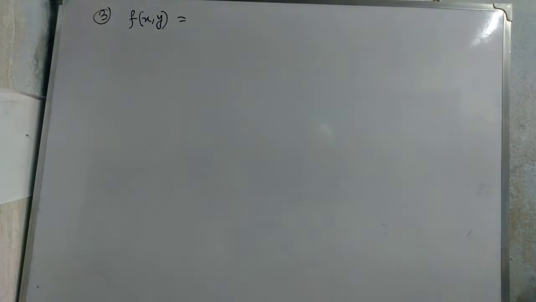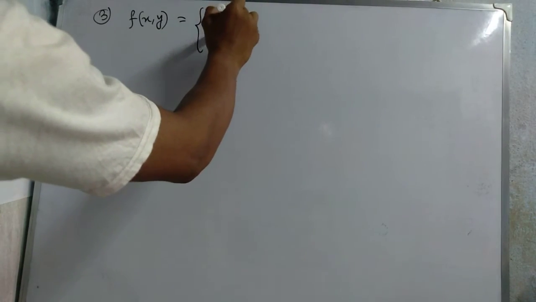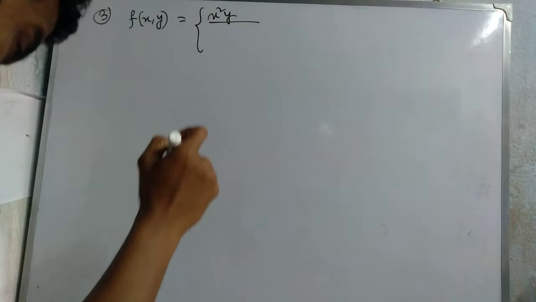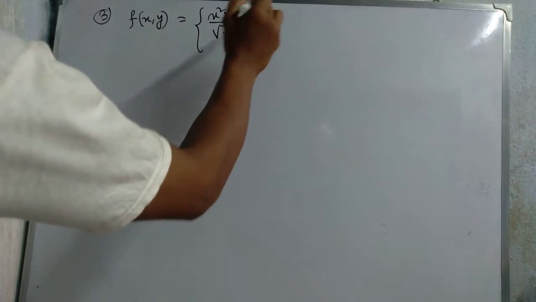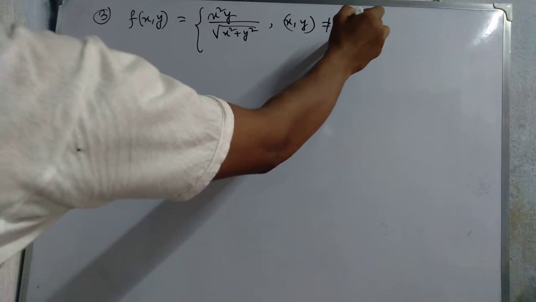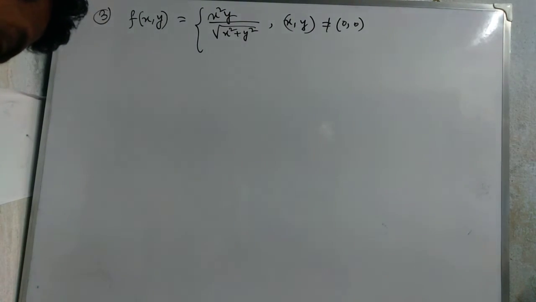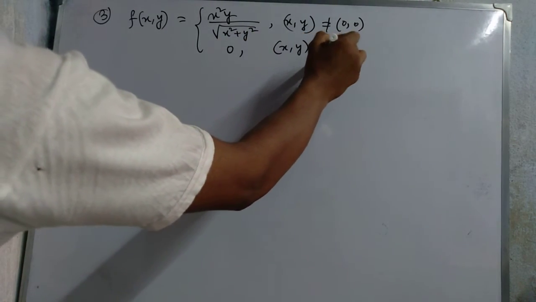We write here number 3: f(x, y) equal to x²y divided by the square root of x² + y², for (x, y) not equal to (0, 0), and 0 if (x, y) equal to (0, 0).